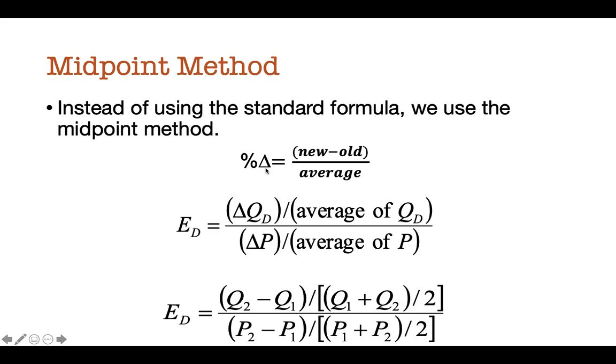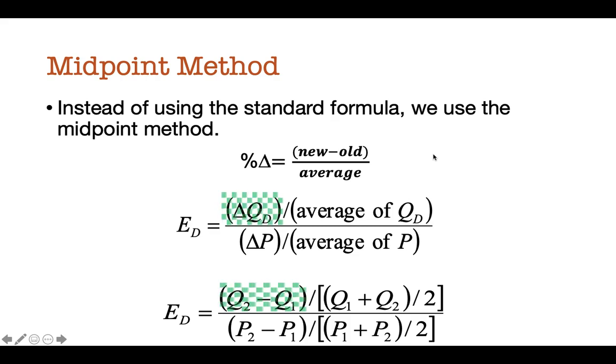To get the percentage change, or percent delta, this just means change, in any variable, we are just going to take the newer value minus the older value and divide by the average of that new and old value. I know this looks very scary, but this is our fully fleshed out equation here, just taking each of those ideas.